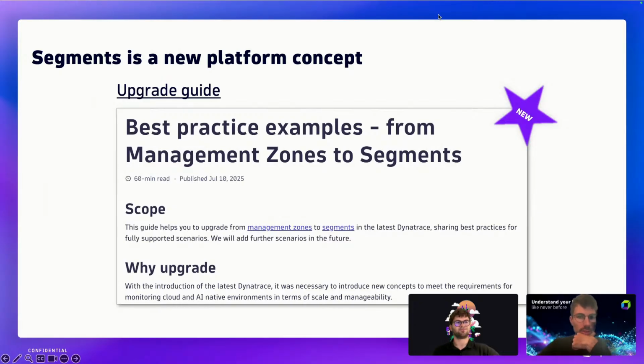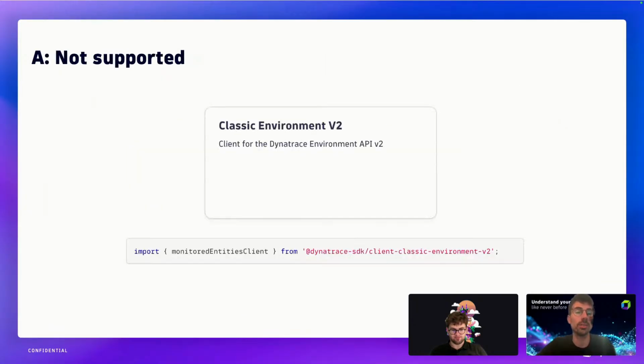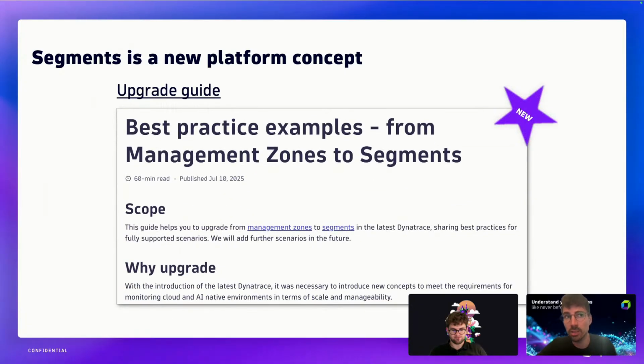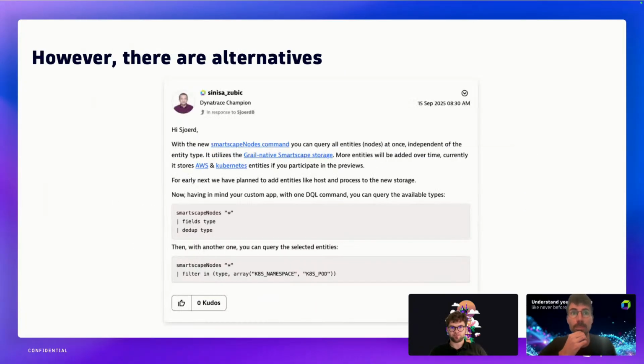Thank you, Harris. So yes, segments is a new platform concept, and you need to be aware of it. In this case, for this user, we have an alternative. Instead of using the monitor entities client, you can use the Smartscape nodes DQL command.